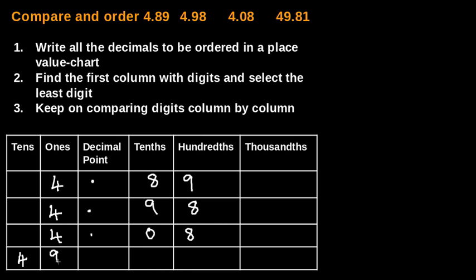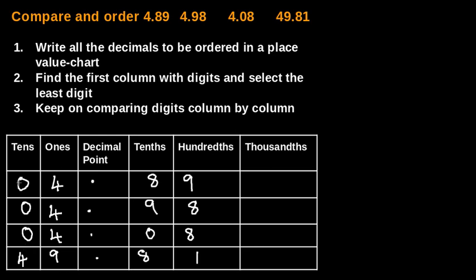We have to start from the tens place here. Okay, so the first column with digits is actually the tens column, but the least digit will be 0 because all these blank spaces should actually be filled with 0, so we don't make a mistake thinking, oh, it's just 4, that's the least. They're all filled with zeros, that's why they're blank.